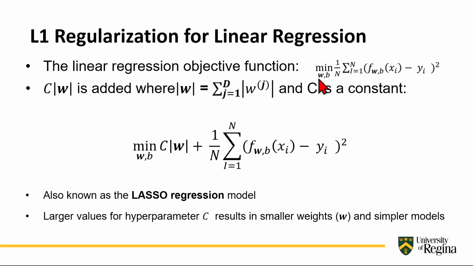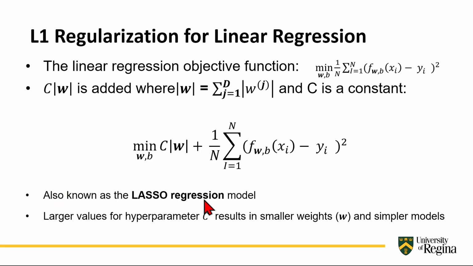If you remember, this is the objective function of linear regression. Now we add this term here, and we're looking for the minimum of the objective function plus that term. So when we minimize everything together, it minimizes the size of the weights as well. This norm will be minimized, and then you have better weights.